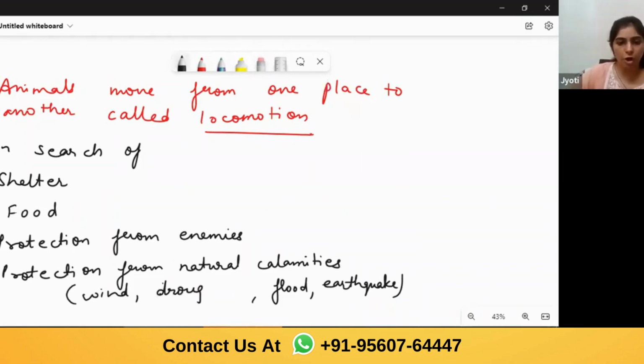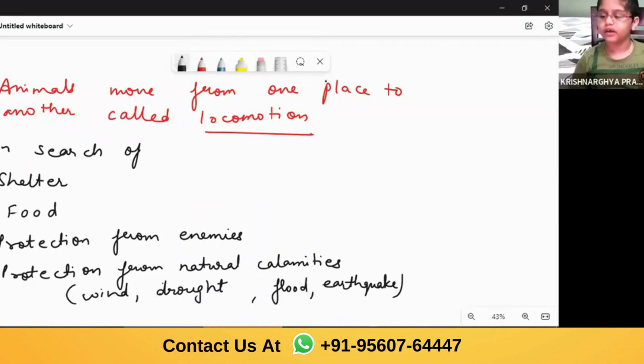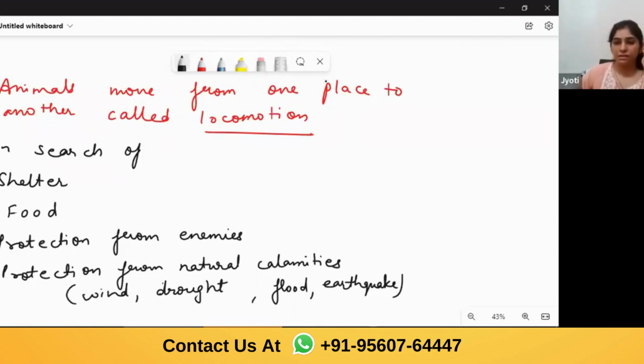What do you mean by drought? Anyone knows what is drought? Flood, I think everyone knows that. Yes, Krishna, what is drought? Drought is a period of time when rain doesn't happen for a long time. The land becomes really dry and it becomes like a desert type thing.